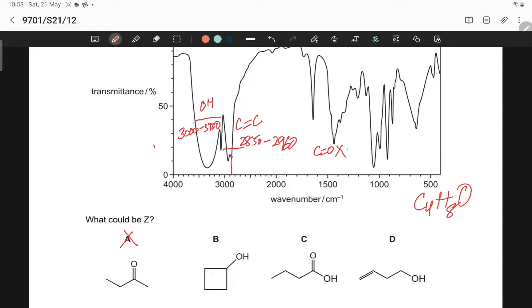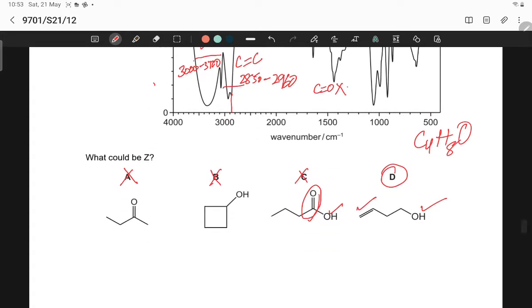OH only, not alkene group, so this is also incorrect. This is carboxylic acid. OH peak is present but C double bond carbonyl ketone peak is absent, so this is also incorrect. So in compounds, alkene peak is present, OH peak is present, so D is correct option.